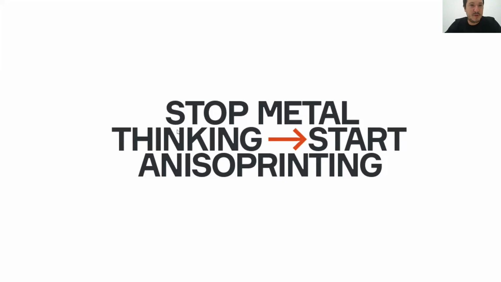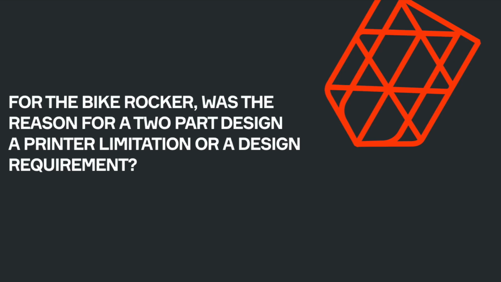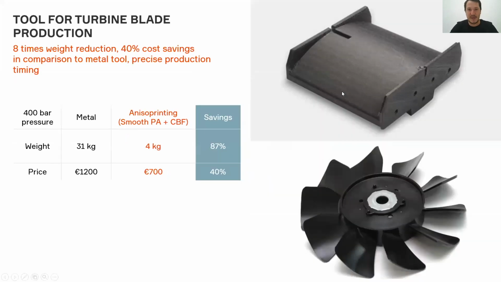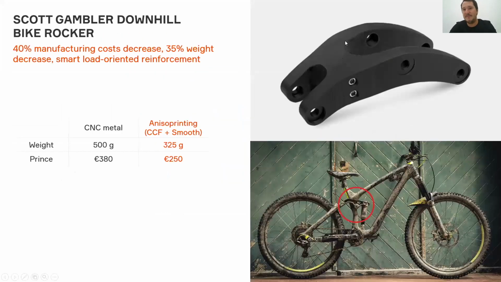That's a very good question from Clement. For the bike rocker, what was the reason for the two-part design? Yes, let me get back to this use case. If you see, it actually has two surfaces with holes.